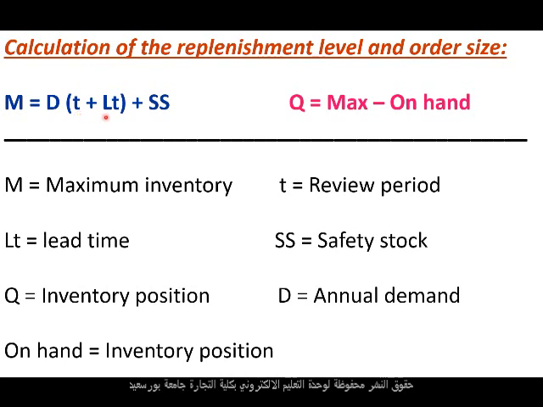LT is the lead time, the period between sending the order to the supplier and delivering it. Q equals maximum minus on hand. And SS is safety stock, some amount of product we should keep in stock to face unexpected demand.